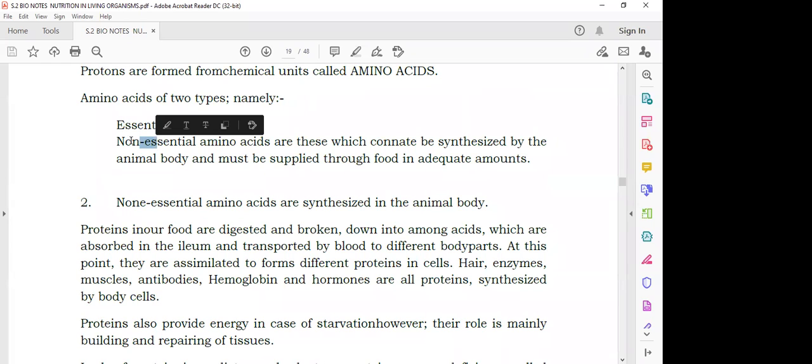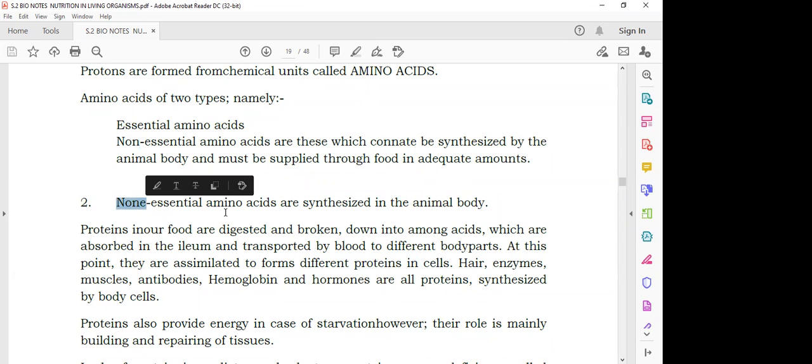Remove that from the notes. So it should be essential amino acids are those which cannot be synthesized by the body and must be supplied through the food in adequate amounts.